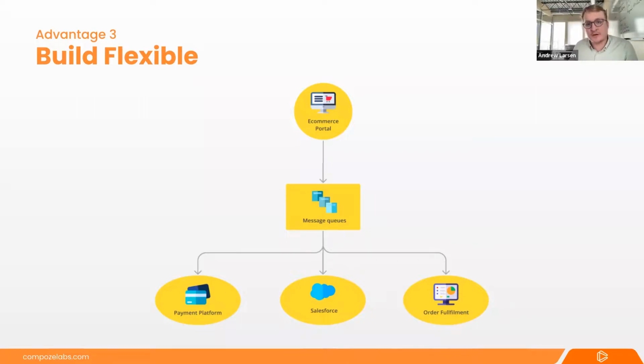Do we really need the same amount of infrastructure and scalability dedicated to Salesforce as to order fulfillment? I would argue no. That's the flexibility you get: you can scale out your order fulfillment side of the system far more easily and independently from the rest of your software system.